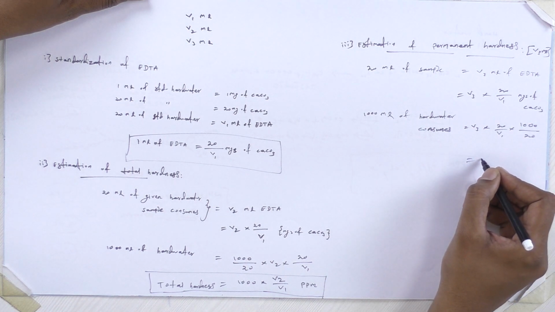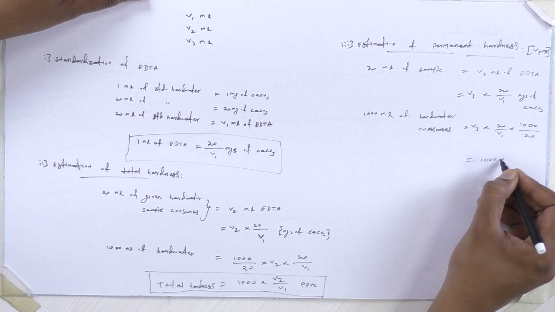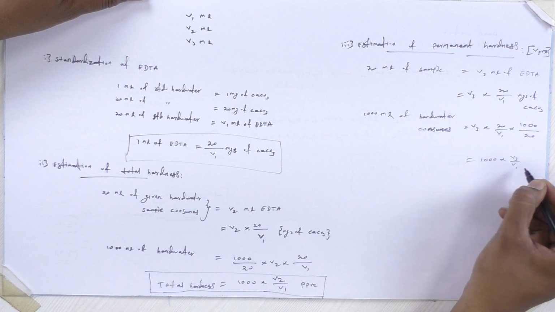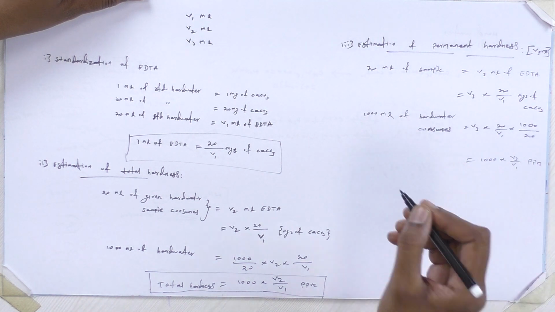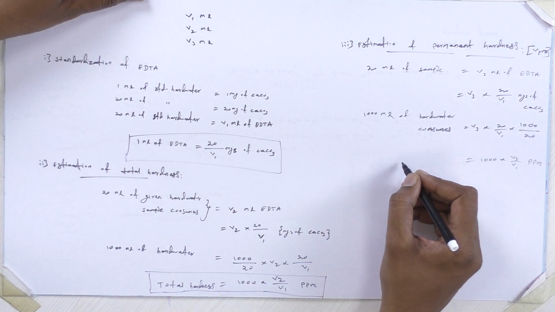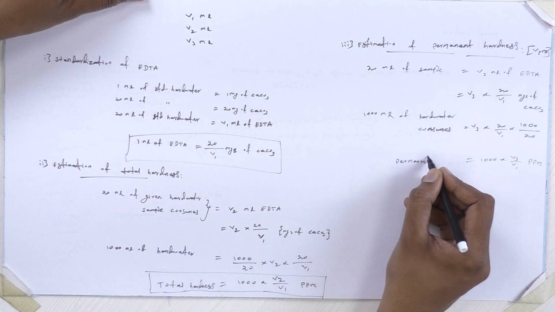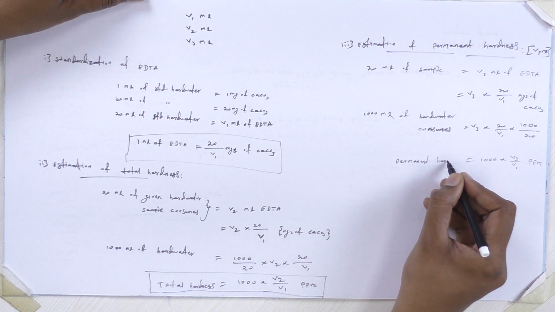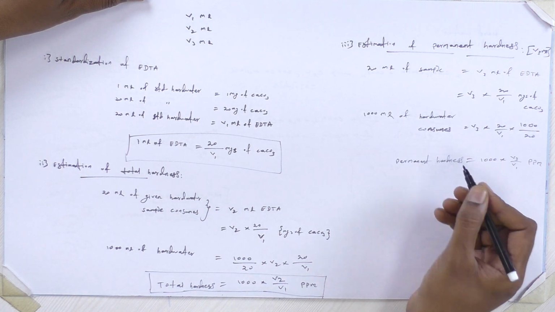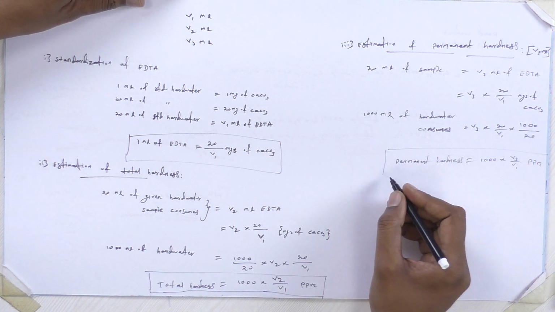So 1000 into V3 by V1 ppm. It is known as permanent hardness. By using this formula, we easily find out the permanent hardness of water.